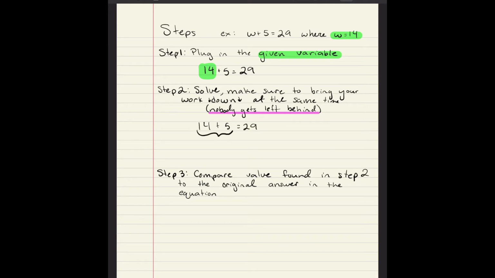Then we add 14 and 5, and that's what I mean by solve. So 14 plus 5 is 19, and I need to bring down my equal sign and my 29, because we don't want to leave them behind. We used 14 and 5. So we bring down 29 and the equal sign, so they don't get left behind.